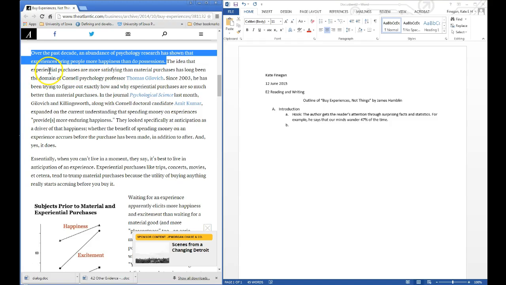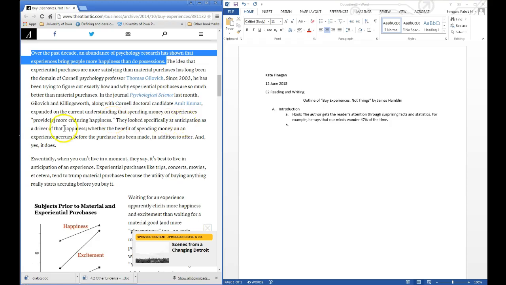The idea that experiential purchases are more satisfying than material purchases has long been the domain of Cornell psychology professor Thomas Gilovich. Since 2003, he has been trying to figure out exactly how and why experiential purchases are so much better than material purchases. In the journal Psychological Science last month, Gilovich and Killingsworth, along with Cornell doctoral candidate Amit Kumar, expanded on the current understanding that spending money on experiences provides more enduring happiness.